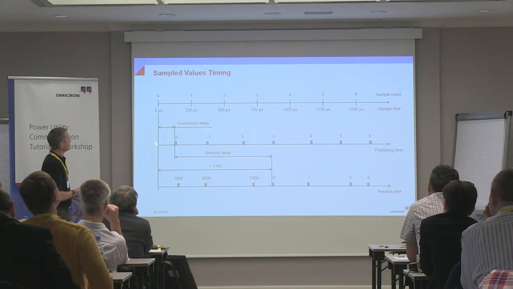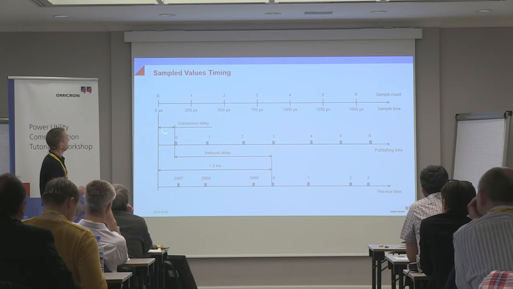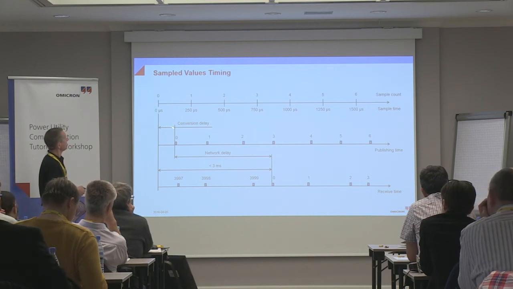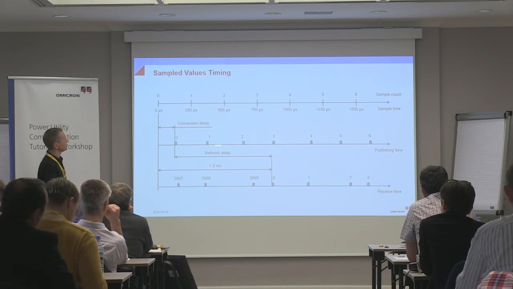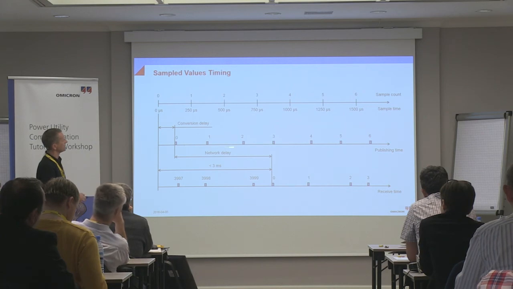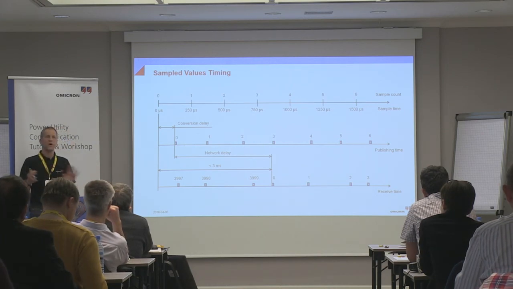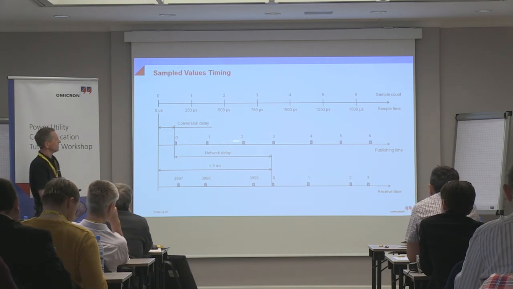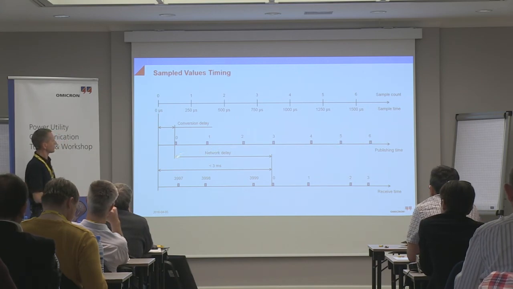And then in the merging unit, we have some delay, and here it would be 125 microseconds estimated, when the packets are then, after the conversion, sent out on the network. And you see I have drawn this already unevenly spaced, because there could be some jitter in the conversion when the packets come on the network, and then they go through the network.